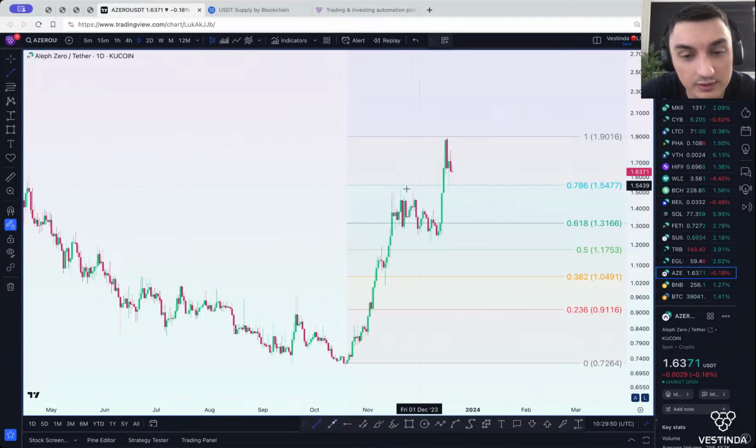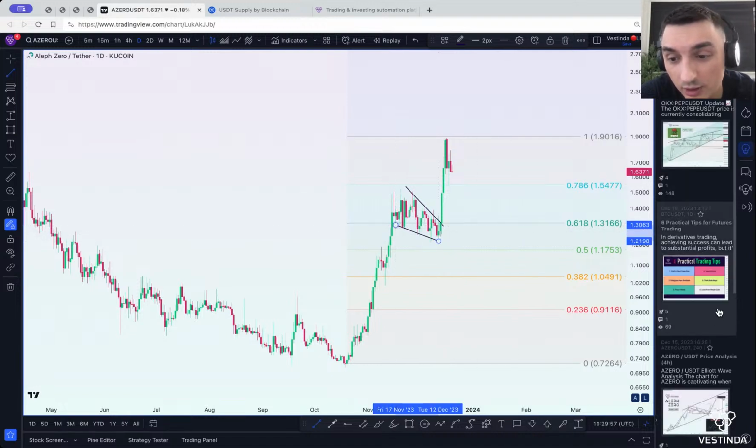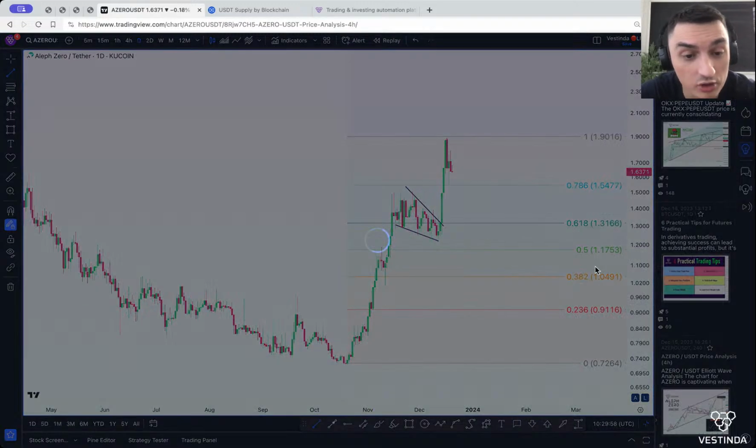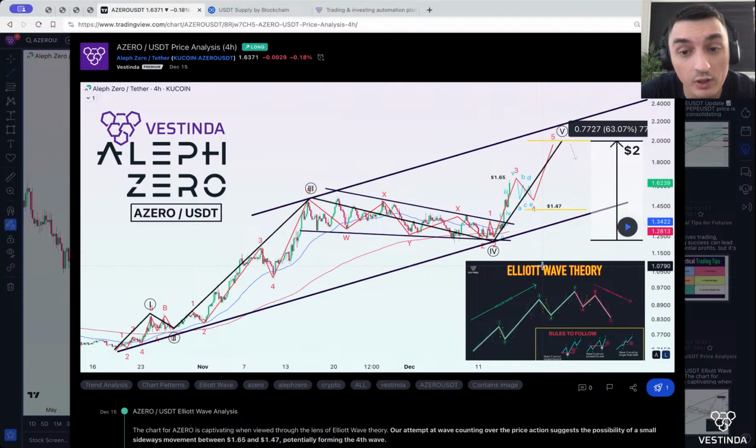We noticed this flag pattern in our analysis. So maybe if you're following our TradingView page, or if you are a follower of our Discord server, you probably did not miss this analysis.